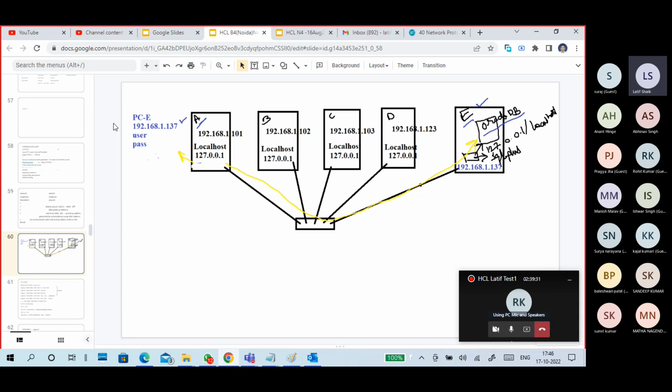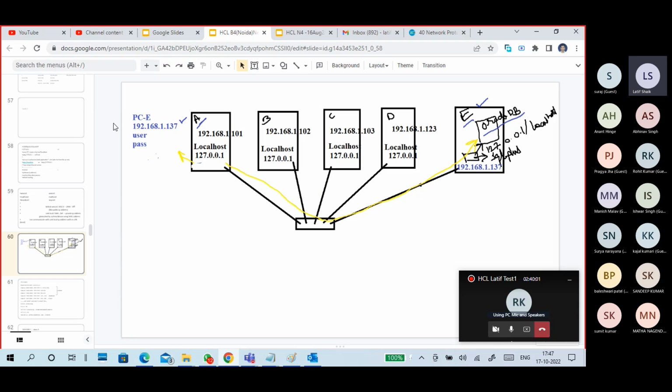Where do we use this? Look here. I have 5 computers, A, B, C, D, E, totally 5 computers. Each computer has an IP address: 192.168.1.101, 102, 103, 123, 137. PC E is in blue color, that is 137. All are connected to the network, each having a unique IP address.